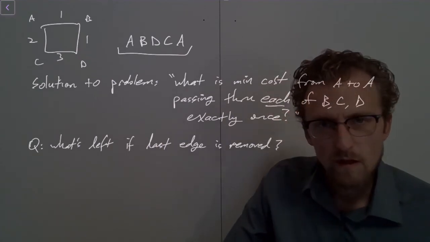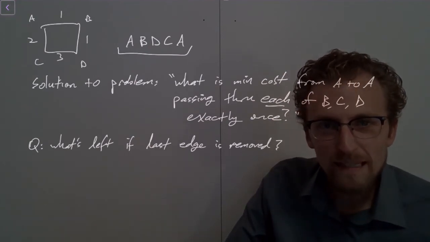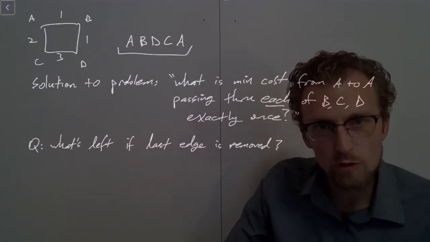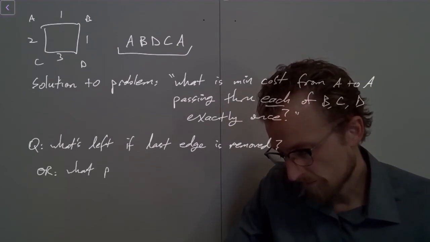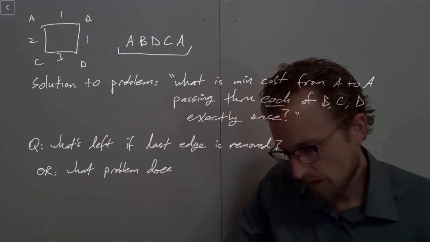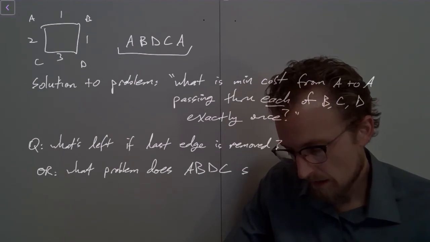So in other words, what problem is A, B, D, C the solution to, the optimal solution to, right? Or what problem does A, B, D, C solve optimally?